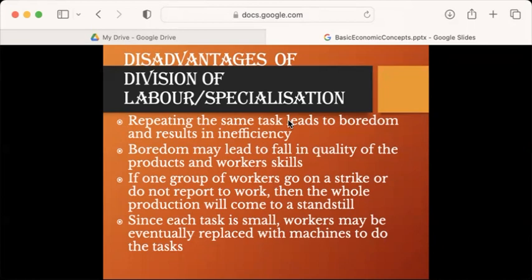But when you give the workers just one task, only cutting, only stitching, only buttoning, only ironing, then with time there may be robots or automated machines introduced to perform those tasks. So what will happen is workers may lose jobs.